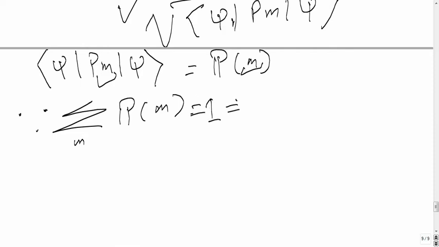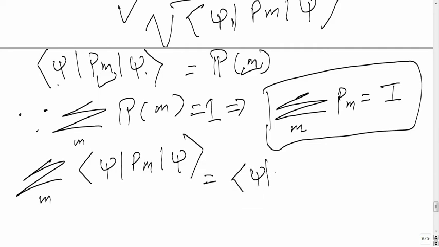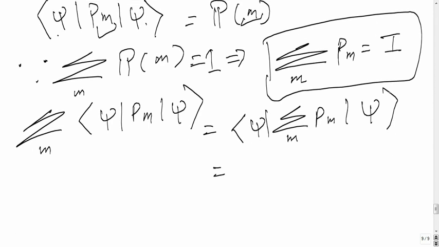This implies that the sum of all the projection operators should give me the identity operator. Because if we assume that this psi is normalized, then this is given like this, we can take the summation inside this bracket, and this has to be equal to 1.